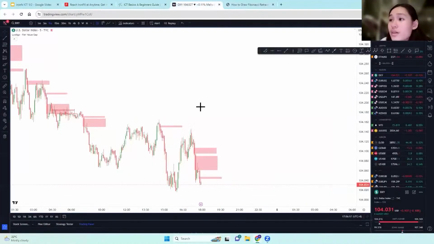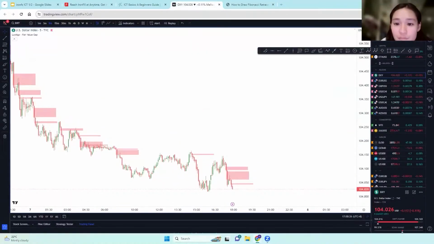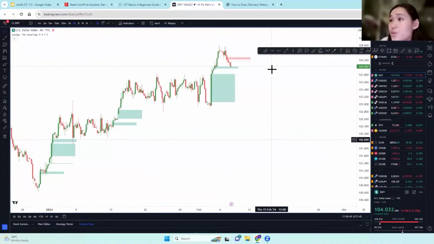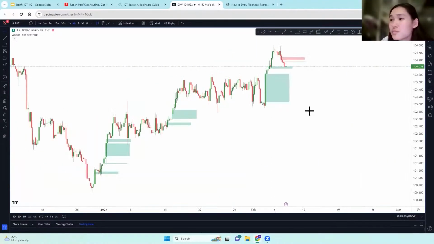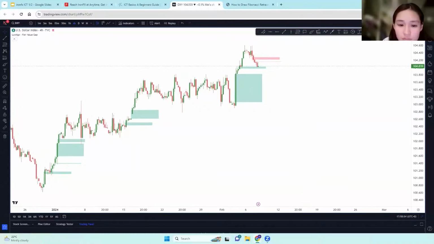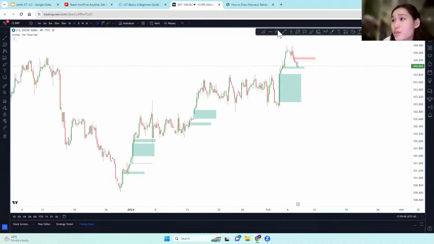Okay, let me go back to my chart here. You can see that our fair value gap is in this area.